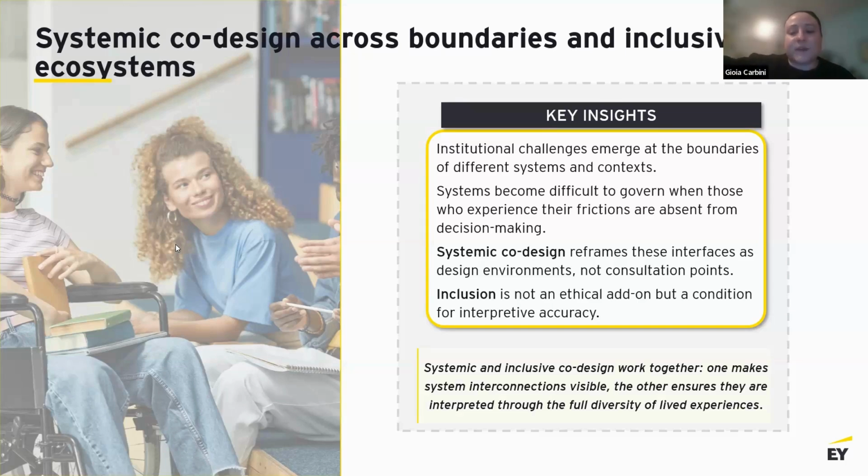So, when we see them together, systemic and inclusive co-design expand the institution's field of view, because from one side, one reveals how interconnected the system is, and the other ensures that these interconnections are interpreted through the full diversity of experiences that constitute the reality of the institutions.